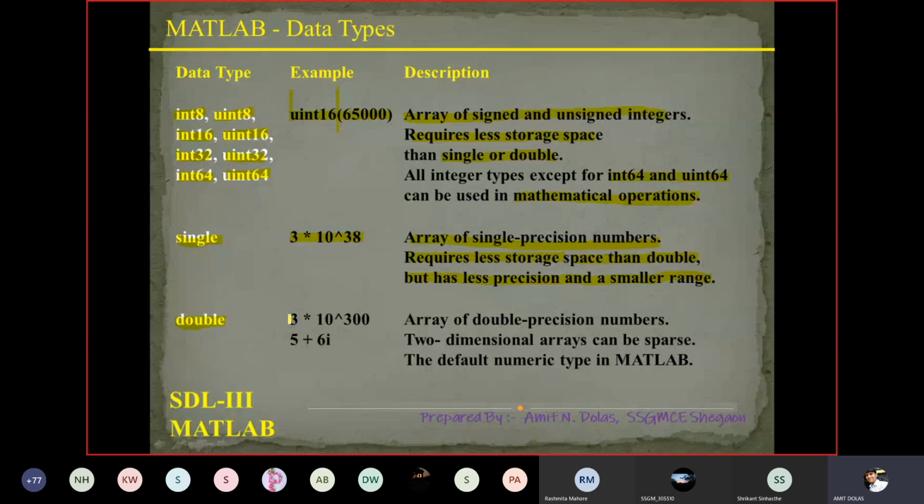The example is the same, and there can also be real and imaginary parts. We can have something like 5 plus 6i, where 6 is the imaginary part and 5 is the real part. Arrays of double precision numbers, two-dimensional arrays can be sparse. The default numeric type in MATLAB is double.